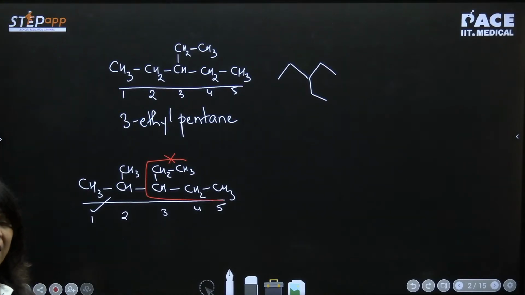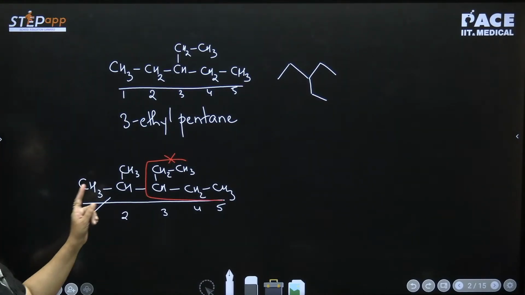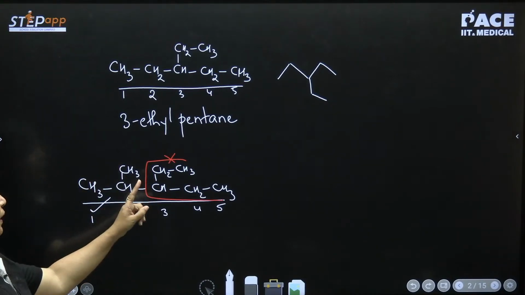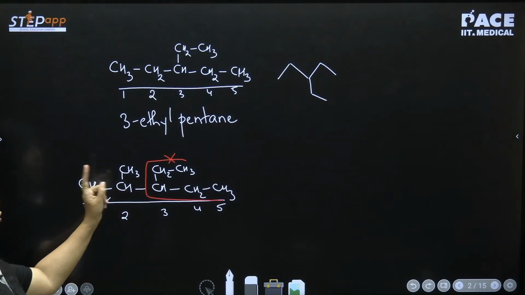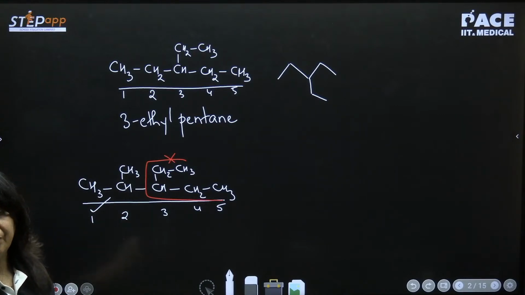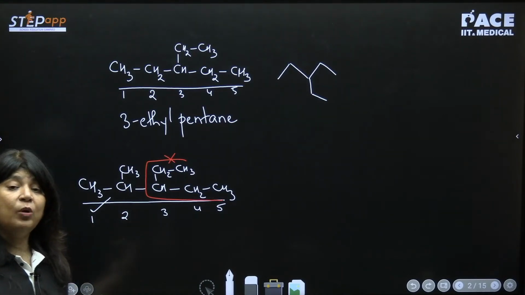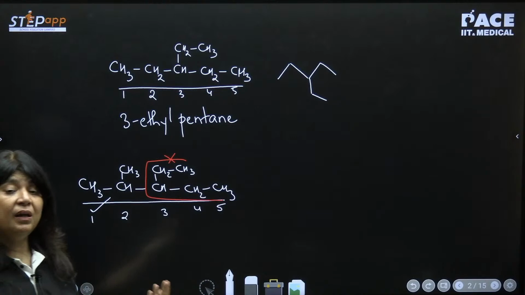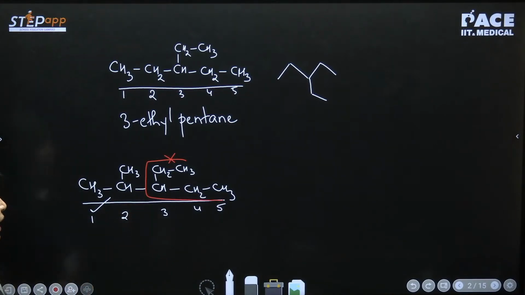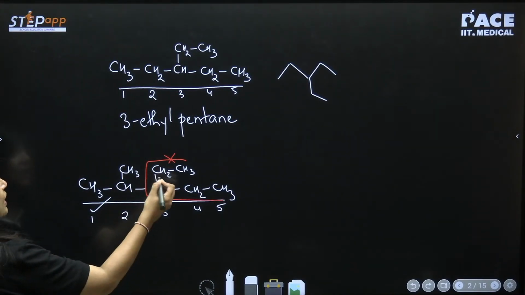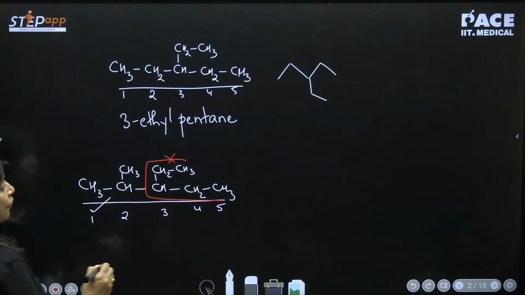So there is pentane and 2 substituents are there on the pentane. One is a methyl group and the other is an ethyl group. I have to write them in alphabetical order. So I'll be writing ethyl first because E of ethyl comes before M of methyl.